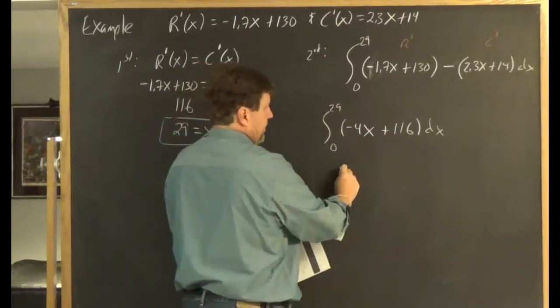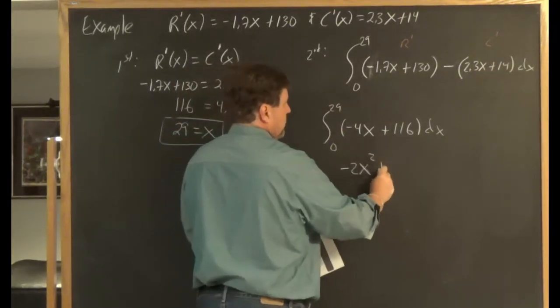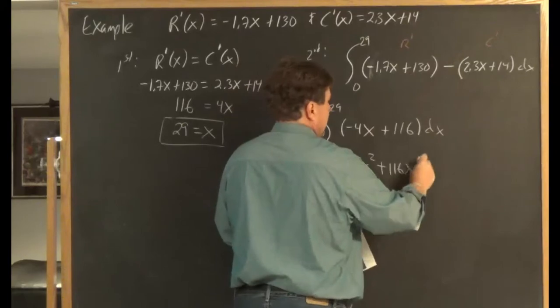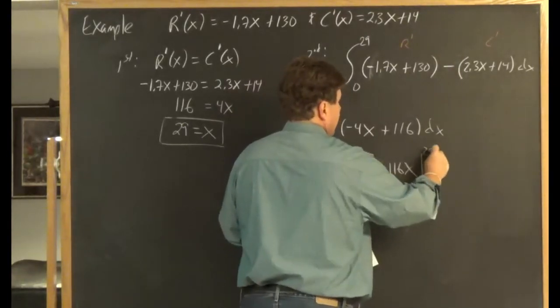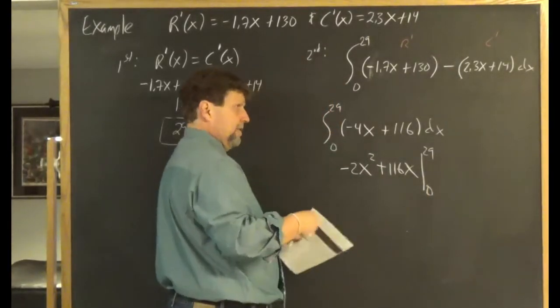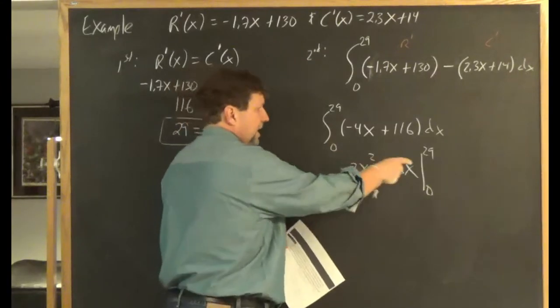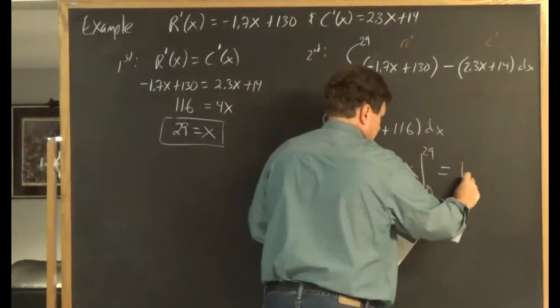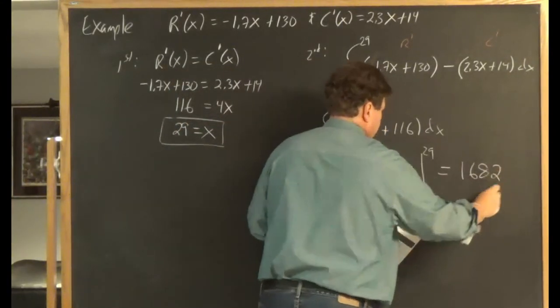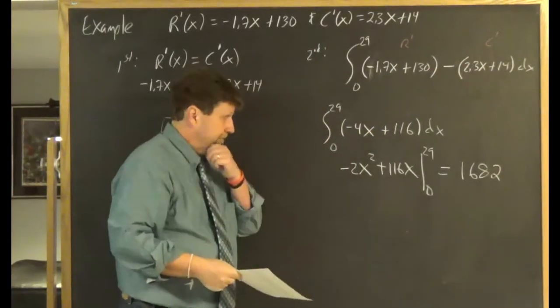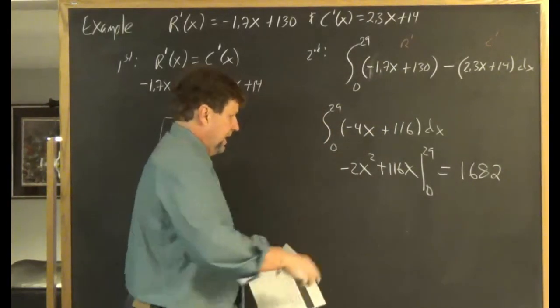Get your antiderivative. So it's negative 2x squared plus 116x. Evaluate that from 0 to 29 using the fundamental theorem of calculus, and you're going to get 1682.